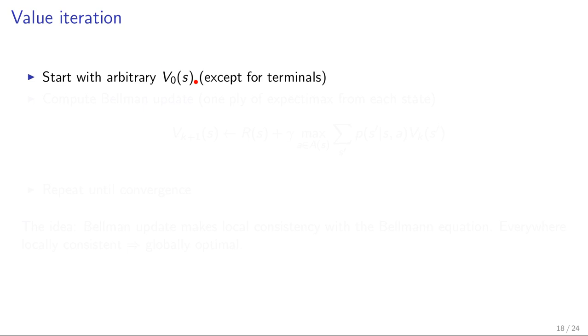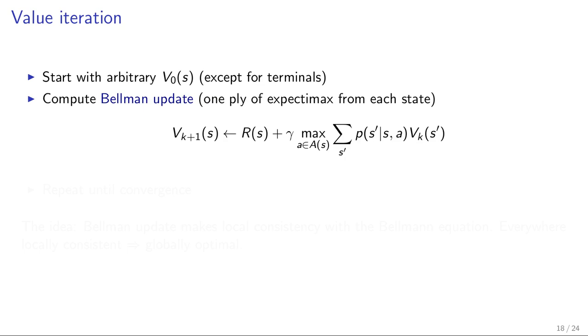So you start with an arbitrary V0, so you assign some values. You can imagine, let's say, 0 values. And then this is the Bellman equation, but one thing changed here: before it was an equation, but now it's an assignment, and that's basically the only thing that changed.